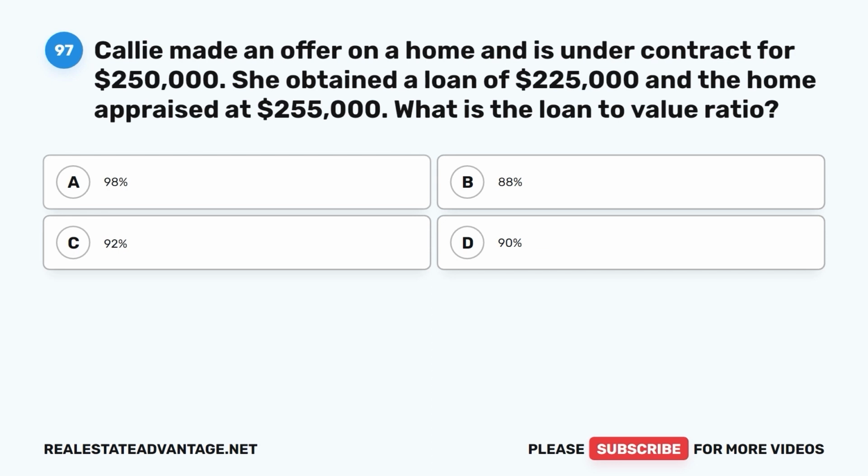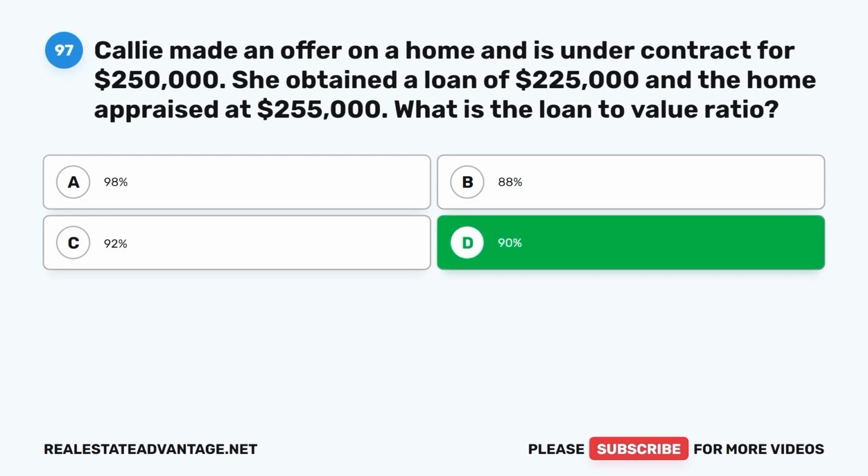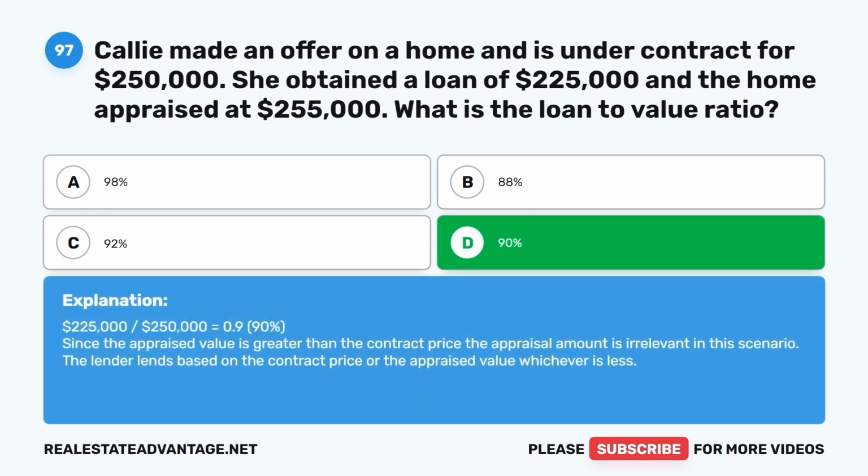The correct answer is D. 90%. $225,000 divided by $250,000 equals 0.9, or 90%. Since the appraised value is greater than the contract price, the appraisal amount is irrelevant in this scenario. The lender lends based on the contract price or the appraised value, whichever is less.